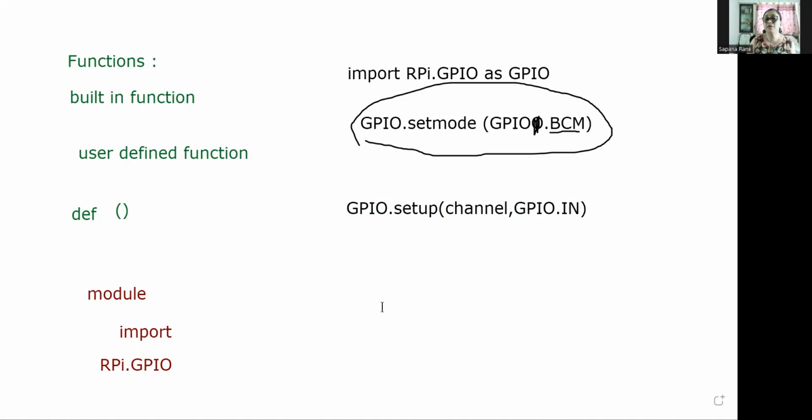And how are you going to write it if your channel is set as output pin? Yes, tell me, Atharva. How do you have to write it?